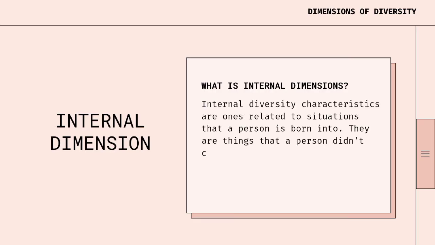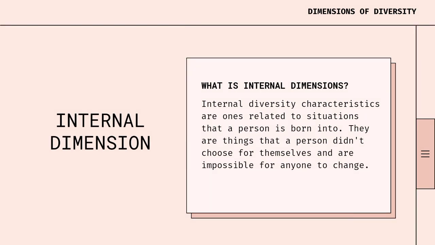The first dimension is internal dimensions. So what are internal dimensions? Internal diversity characteristics are ones related to situations that a person is born into. They are things that a person didn't choose for themselves and are impossible for anyone to change.